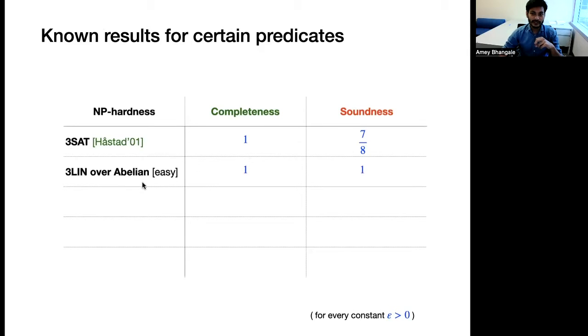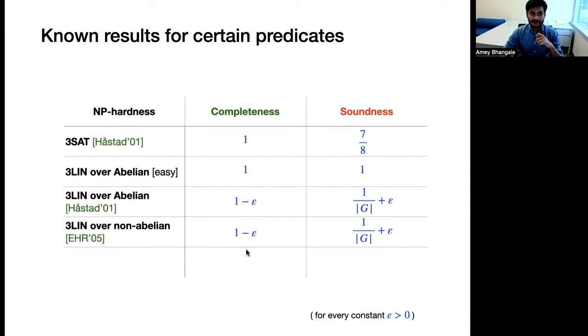For 3-LIN over abelian groups, if the instance is satisfiable, then one can indeed find a satisfying assignment in polynomial time, and this can be done using a Gaussian elimination kind of technique. If, however, the value of the instance is less than 1, then Håstad showed that it is NP-hard to do better than the random assignment. Here, for each variable, we independently assign a group element uniformly.